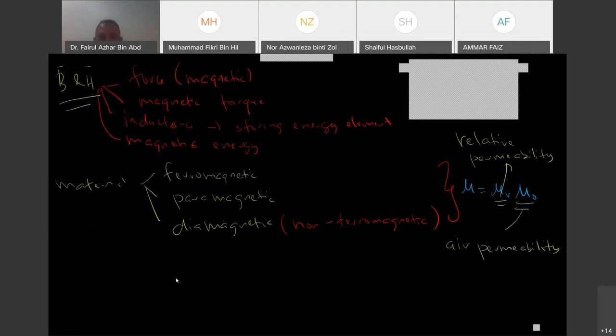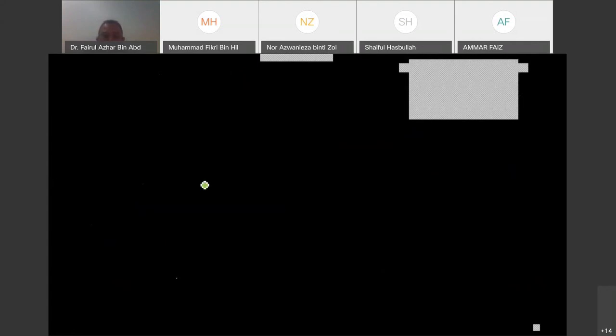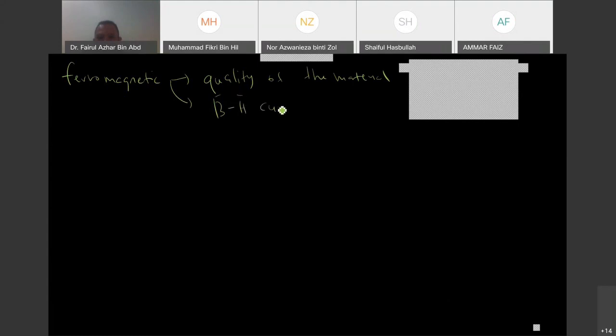In the material subchapter, we will see one of the important characteristics of the ferromagnetic material. That characteristic measures the quality of the material, and we call it the BH curve.